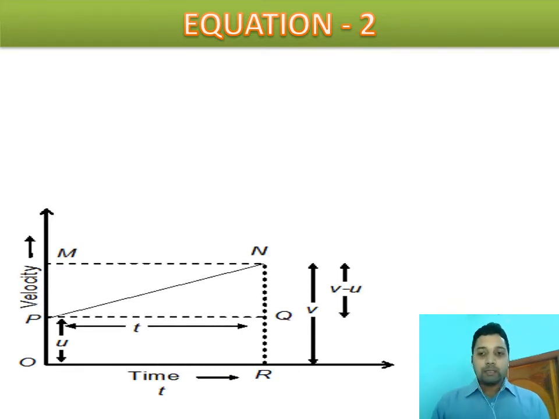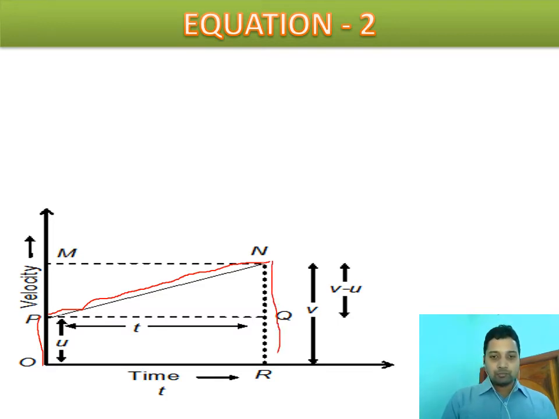But because in the second equation we have to find the displacement, and displacement is the area between the graph and x-axis, here you can see it is taking a shape now, O, P, N, R. If we take these 4 points, O to P, P to N, then N to the point R, and from R to this O point, this is making the shape of a trapezium.